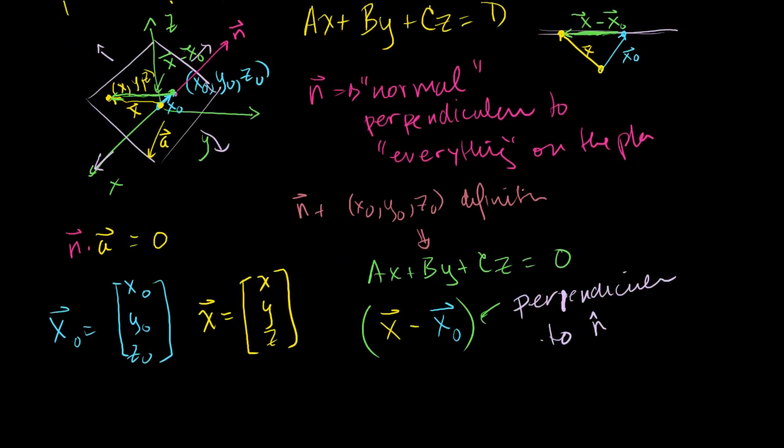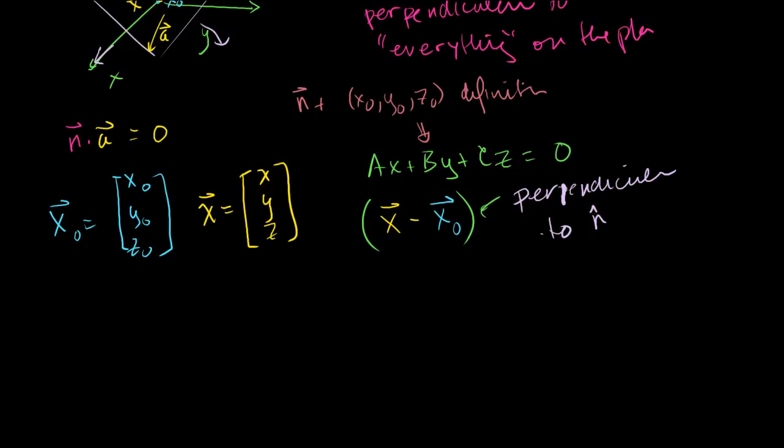Now, let's say my normal vector is n. So this vector is perpendicular to this guy right here. It's perpendicular to the vector n1, n2, n3. Now, using this information, how can we get to this type of expression, just this linear equation of x, y, and z?